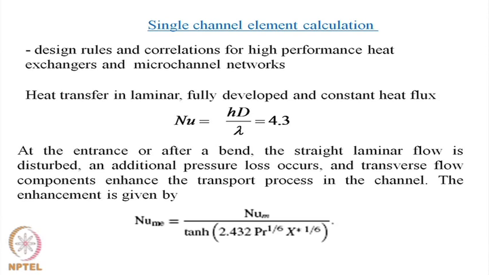Nusselt number m e is equal to Nusselt number m, where the right hand side denotes where the flow is fully developed, and the left hand side is the Nusselt number for the developing flow. These two are connected in terms of the Prandtl number, which is a thermophysical property of the liquid, and x star, which is a dimensionless entry length.